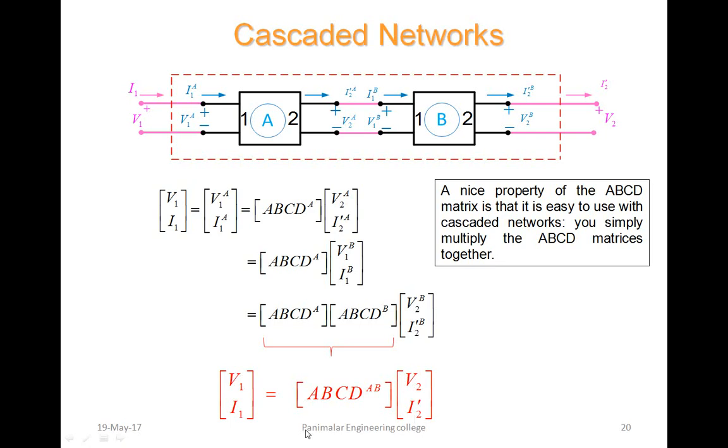And this is the nice property that we can use for cascaded networks using ABCD parameter analysis.